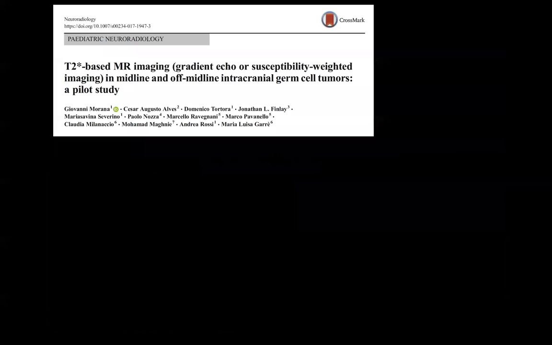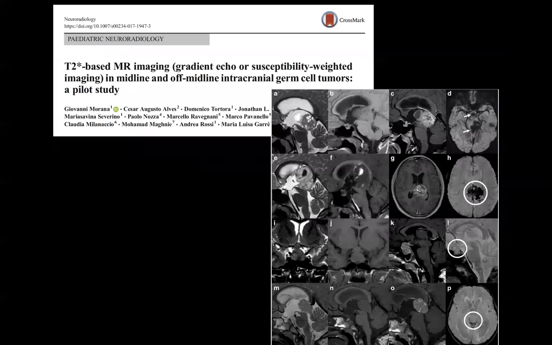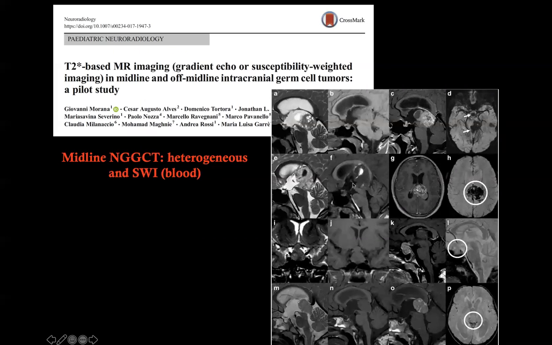This is the paper I was speaking about from Gaslini's hospital in Genoa, north of Italy. And the first thing that they show is that there is more heterogeneity in these non-germinomatous germ cell tumors, like in these cases, and they often have susceptibility in SWI that is in keeping with blood.